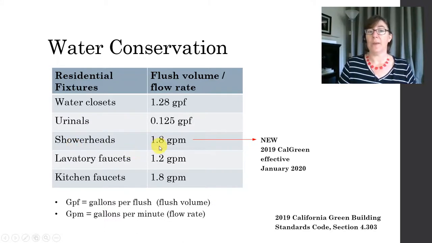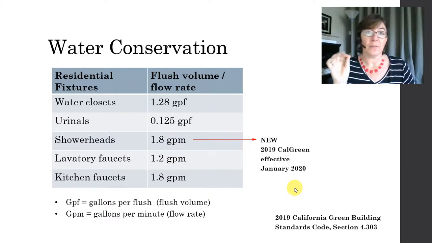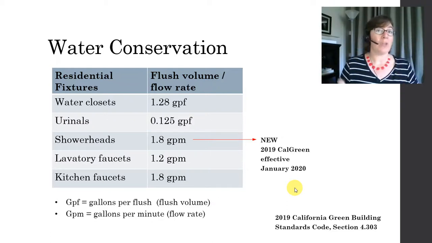Shower heads are 1.8 gallons per minute, and that is a new regulation effective in 2020. And also, this is important, it applies to all shower heads in a particular shower.